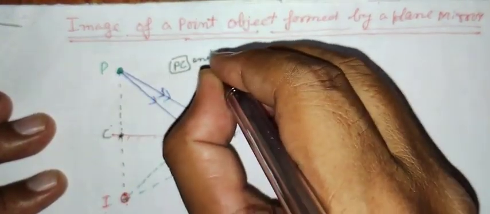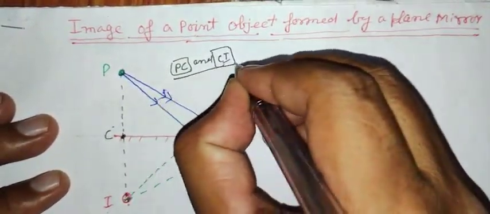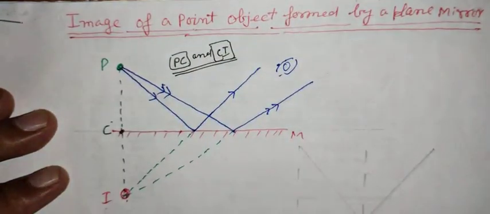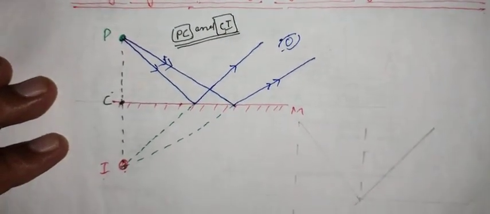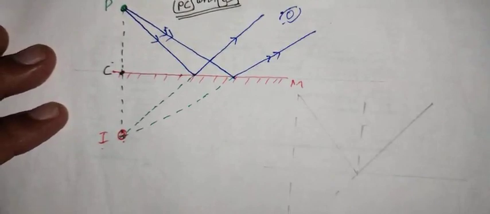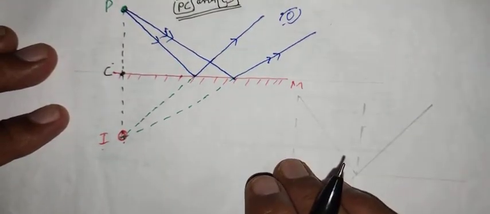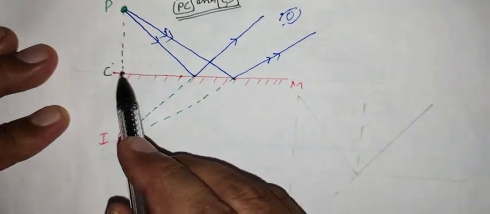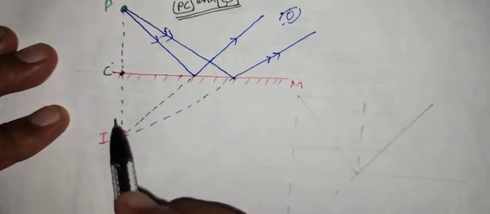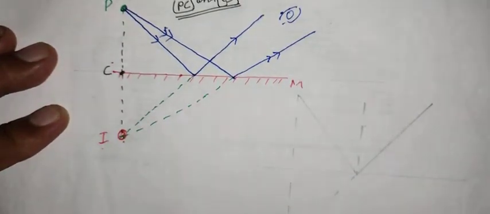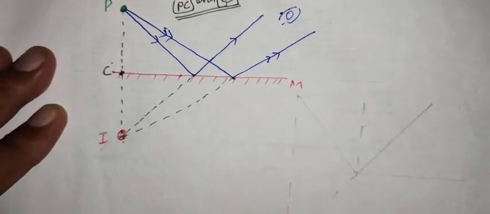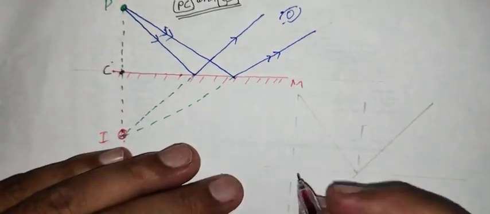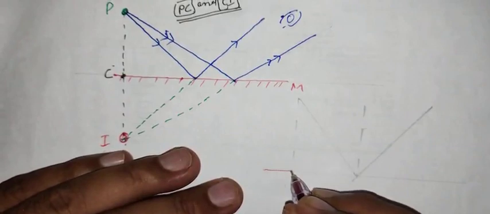Are they equal or not? To prove this, let us see a supplementary diagram. The proof we are going to do is of the distance of object from the plane mirror and the distance of image from the plane mirror.